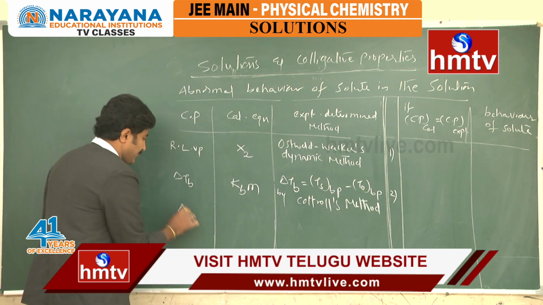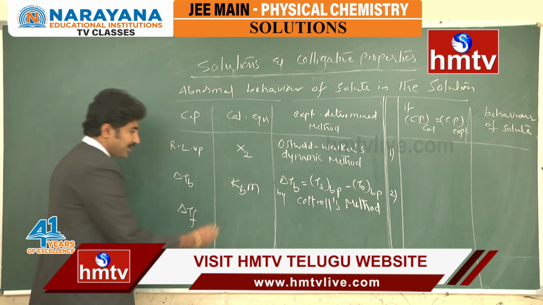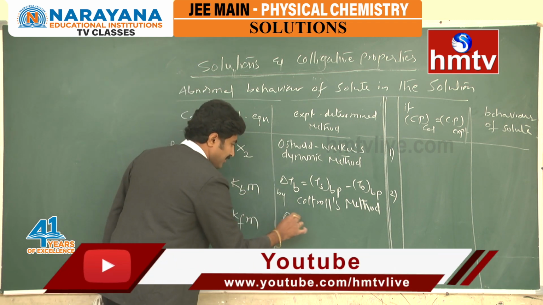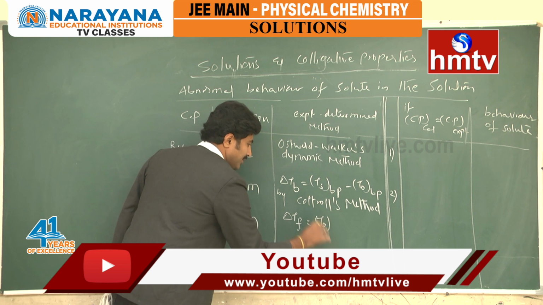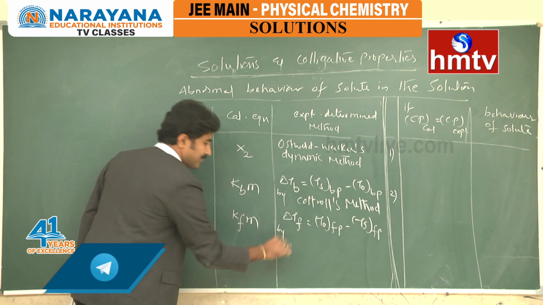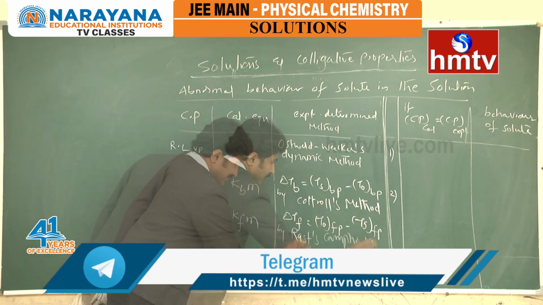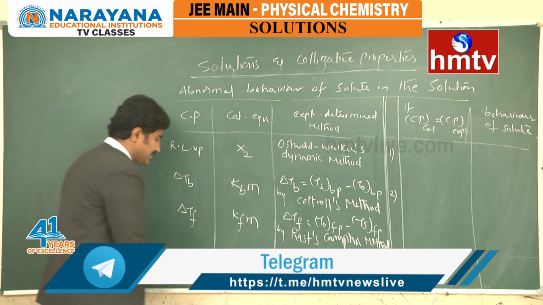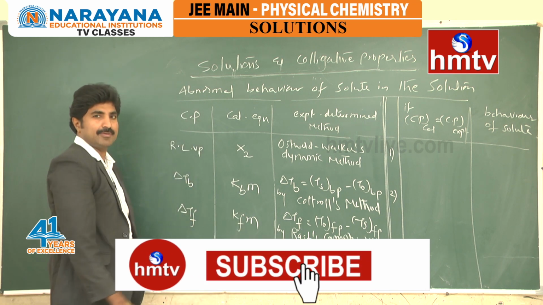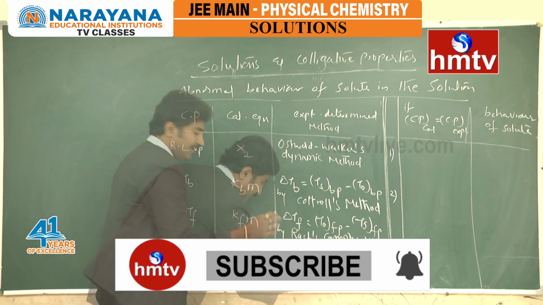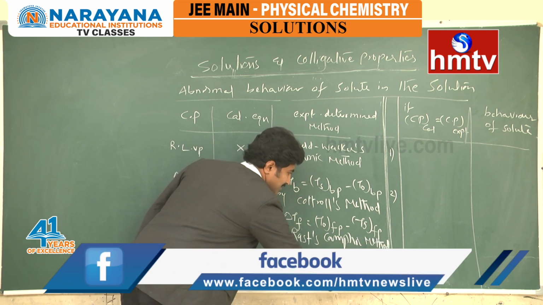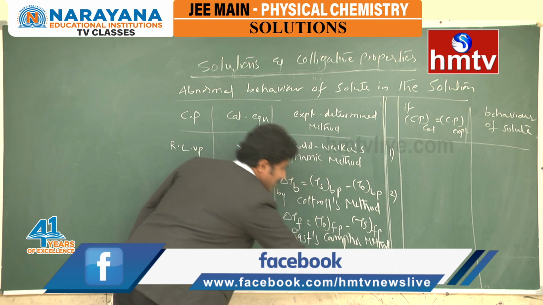The third colligative property, delta TF, depression in freezing point, has the calculated equation Kf into m, whereas the experimentally obtained value delta TF is equal to T naught of freezing point minus T of solution freezing point, which is obtained by Rast's method. The last colligative property is osmotic pressure pi. Its calculated equation is CST, whereas the experimental value is obtained by the Berkeley-Hartley method.